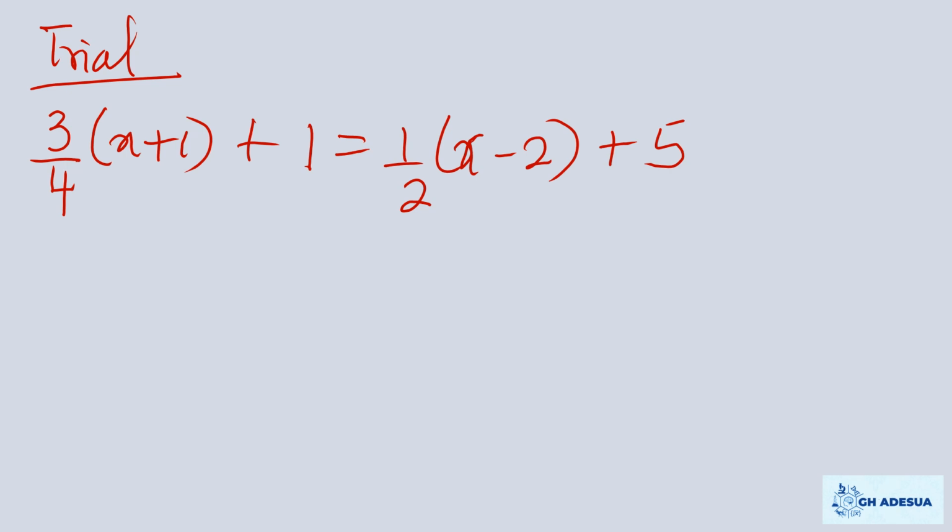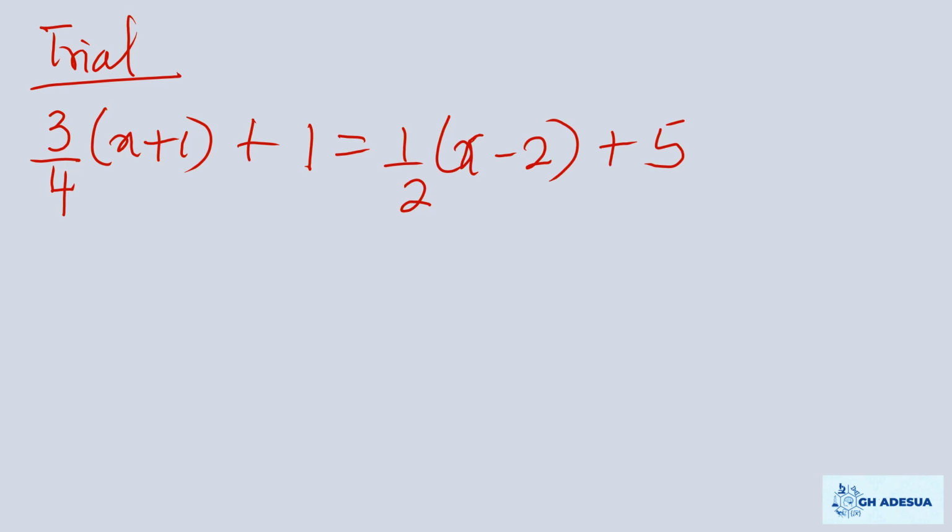Great. Now we have 4 and 2 as the denominators, and we want to clear all the fractions. Our best bet is to multiply through by 4, because 4 is the LCM for 4 and 2.